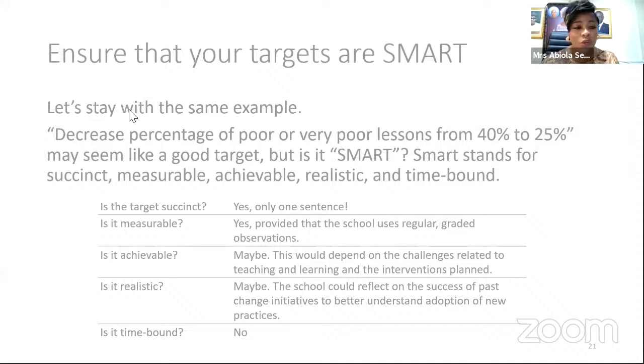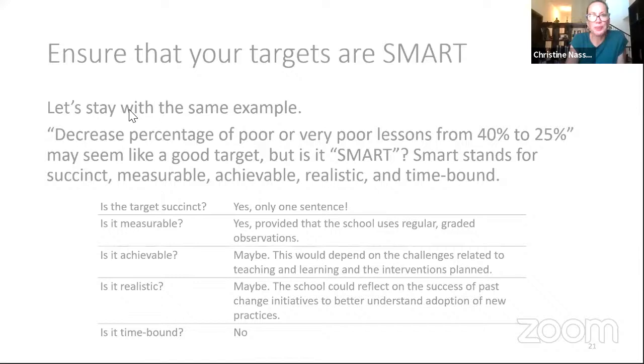Just quickly. So we don't need the first part, but those last 3. Achievable, how can this be made more achievable, more realistic, and more time bound? Oh, we don't have much time. We're struggling with time bound.